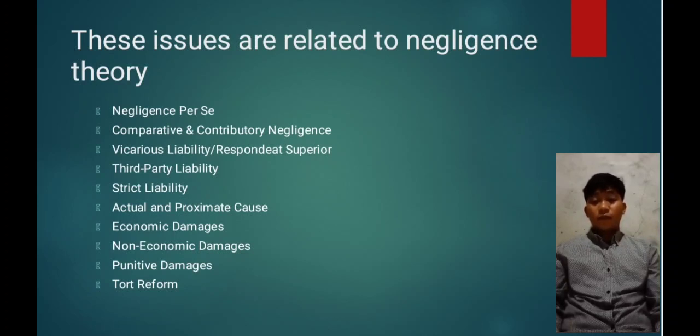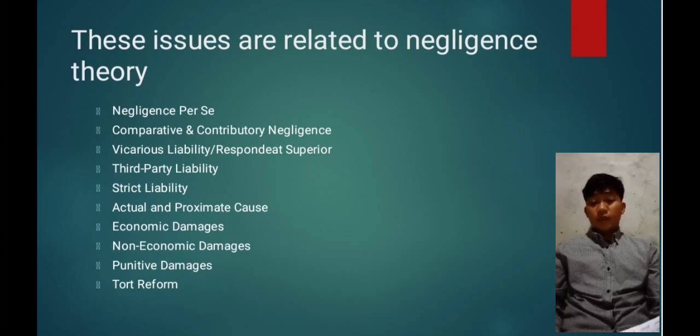And number four, third party liability. Third party liability is a type of coverage that financially protects you if you're considered responsible for any damage or injury to another person or their property.